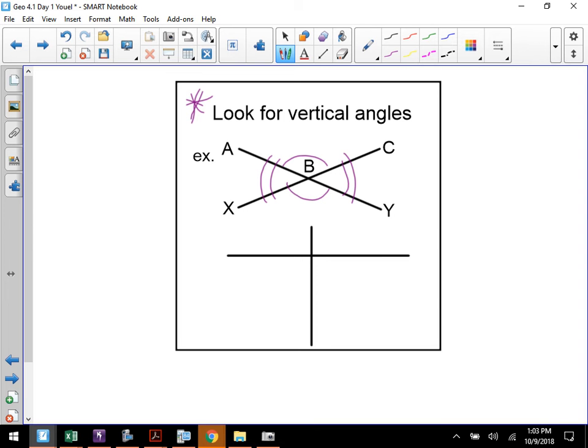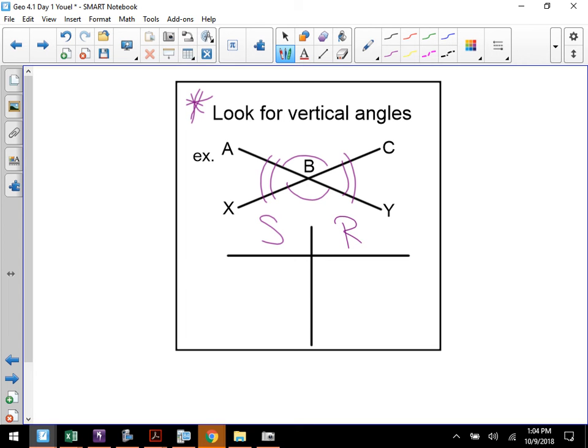So in my proof stuff, as I'm going through, this would not be a given statement. This would not be like a definition that you can use like an if-then off of. But this is something that you're allowed to write down if you see it in a diagram. Here's what you would write.